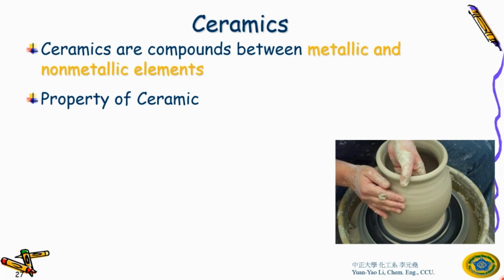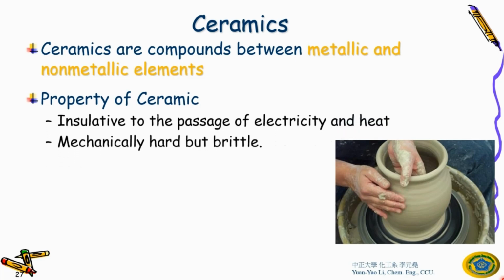The property of ceramic is that it is insulative against the passage of electricity and heat. So ceramic cannot conduct electricity, and is a good electrical insulator, and also a good insulator for heat. So when you eat hot pot, 火锅, if you eat hot pot in a very high class restaurant, the container for the hot pot is always ceramic.